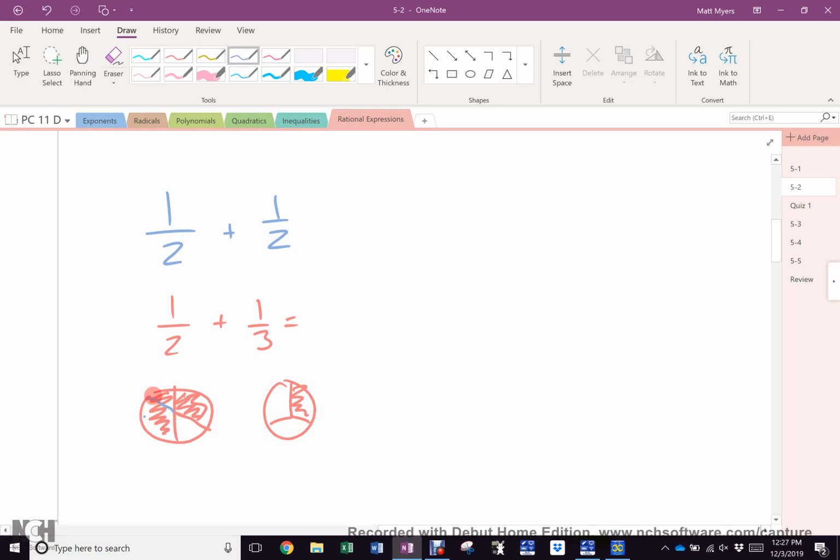And then Mrs. Bad Crumble taught you this move. Well, isn't that 3 pieces that is still a half? And you said, uh-huh. And isn't that 2 of those 3 pieces? And you went, uh-huh. And then she said, well, isn't that 1, 2, 3, 4, 5 out of 6 pieces?